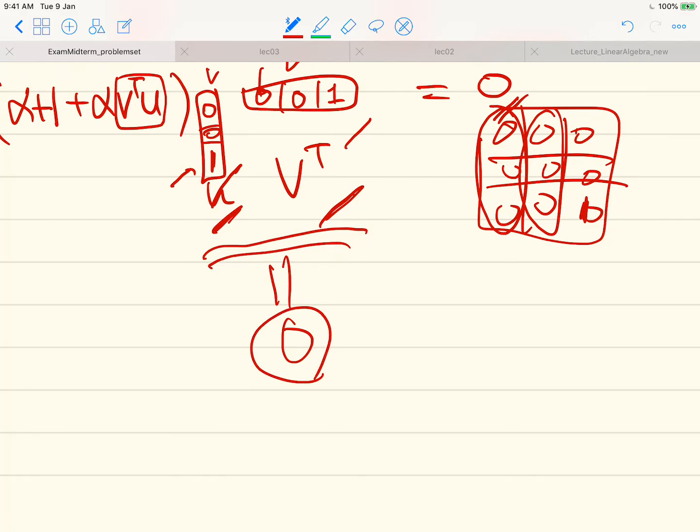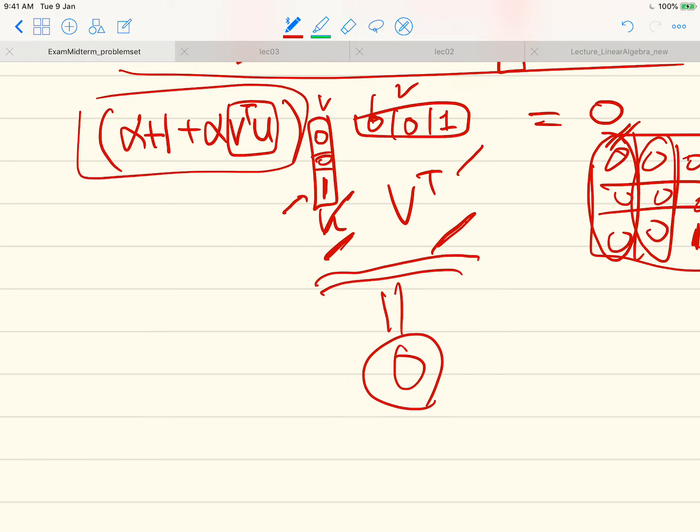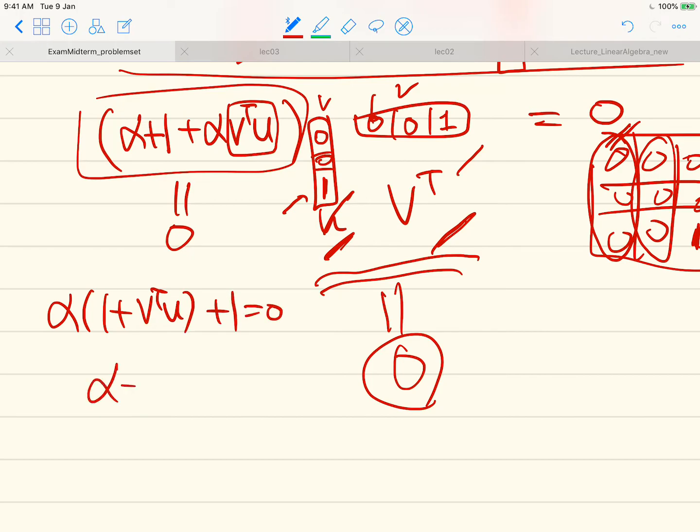Then the remaining scalar part should be 0, right? So alpha plus 1 plus alpha v transpose u should be 0, and thus alpha should be 1 over (1 plus v transpose u), negative 1.